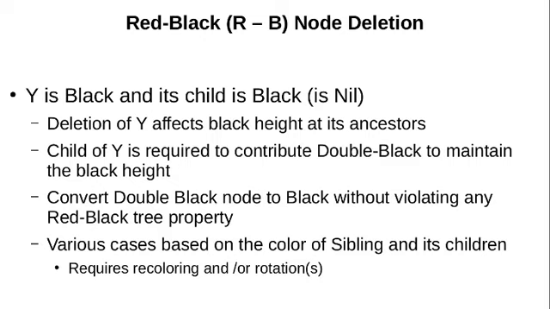Hence, we are required to color a double black node to black without violating any other red-black tree properties. The process involves various cases based on the color of the sibling of node Y, that is the sibling of the deleted node, and the color of the sibling's children.